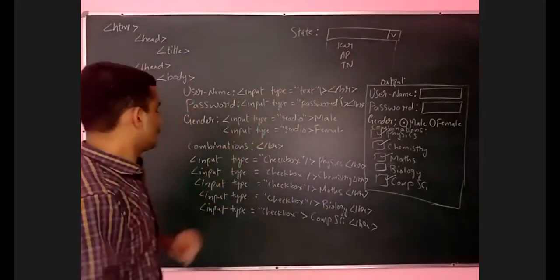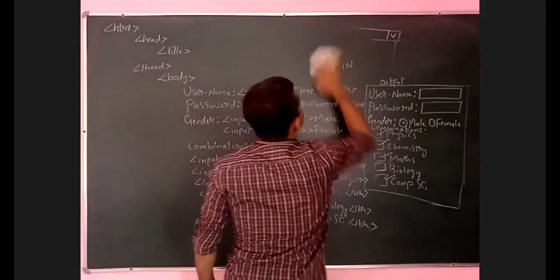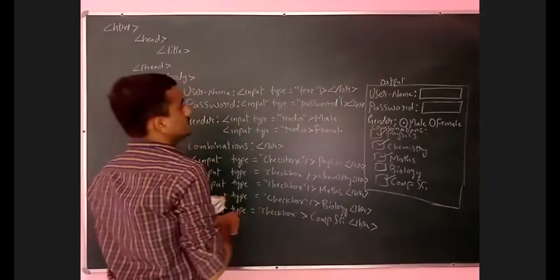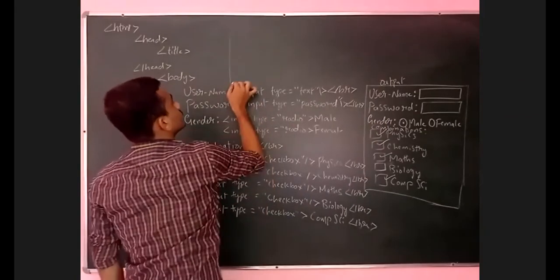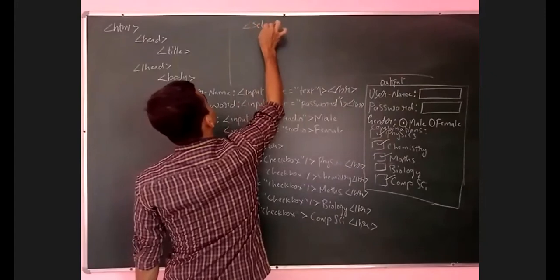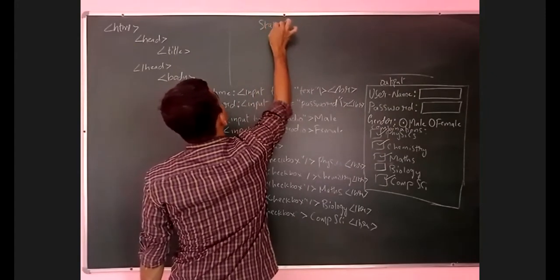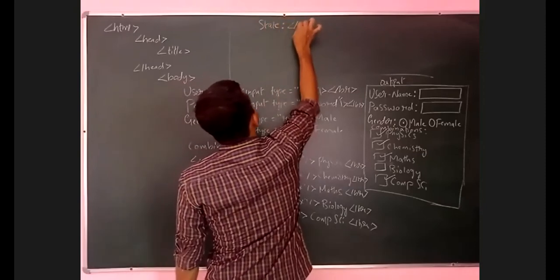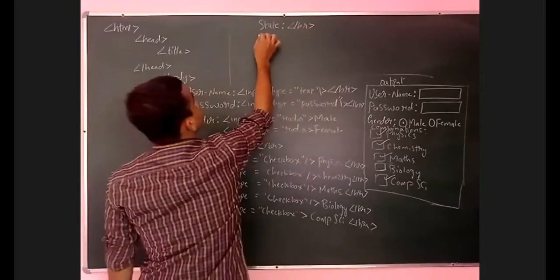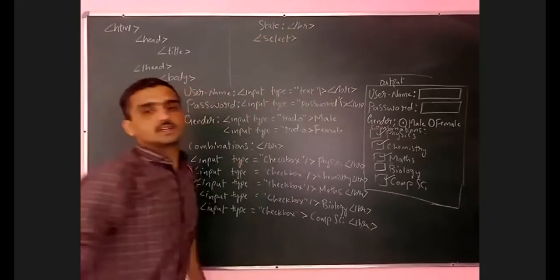So for that, what you have to write, I write it here. We have to use the tag called select. First you have to write the word state, colon, BR, and then the tag called select. The tag name itself is select.